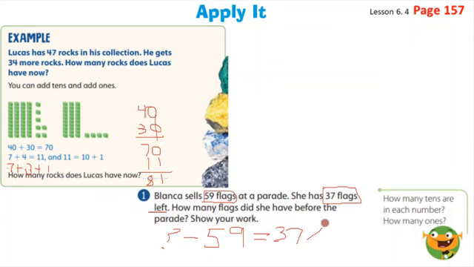Okay, so I want to bring this up here, I have a little bit more space. But wait, I can say that unknown number is equal to 59 plus 37.